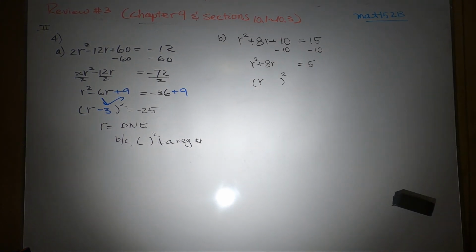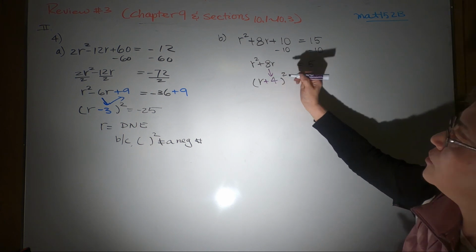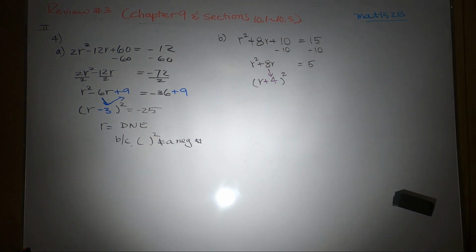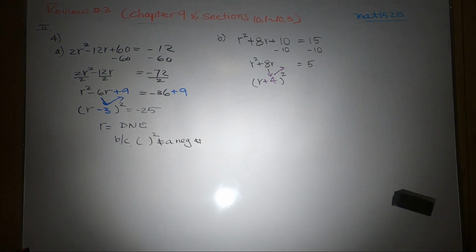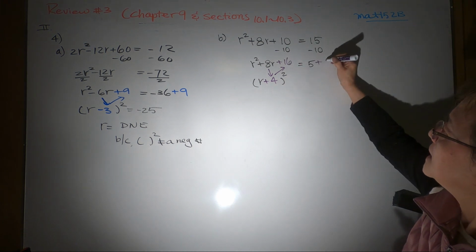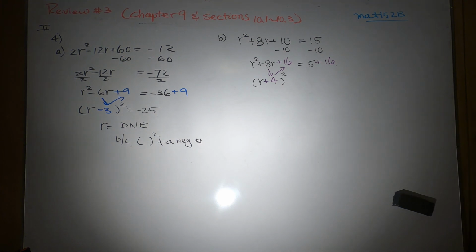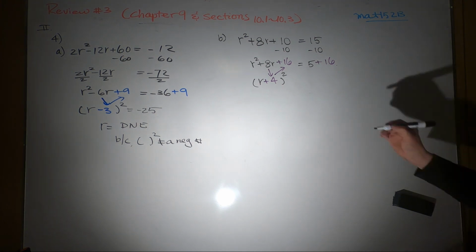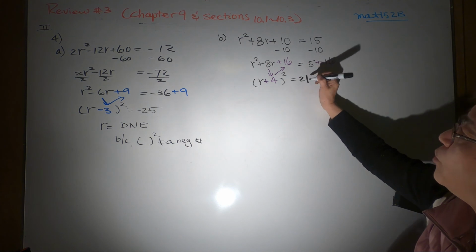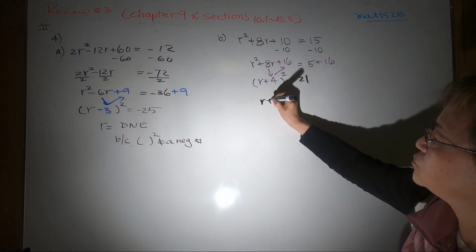Leading coefficient is 1, that's good. Then which number do we need to use? Half of b, that would be 4, right? Then to complete the square, we need a third term by FOIL. This would be what? 16, right? Then you add 16. You do one side, you do the other side. Then this side becomes what? 21, right? So we have a complete square.